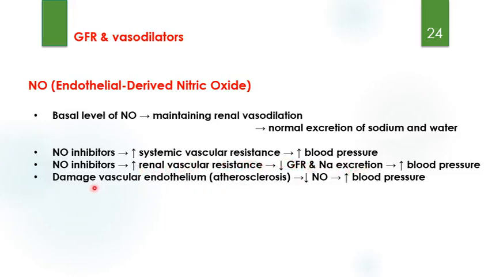And also anything that damages vascular endothelium, for example, due to atherosclerosis, by reducing nitric oxide, all of them will increase blood pressure, by constriction of blood vessels, by reducing sodium excretion and maintaining more sodium and water inside blood vessels, and in this way will lead to hypertension.